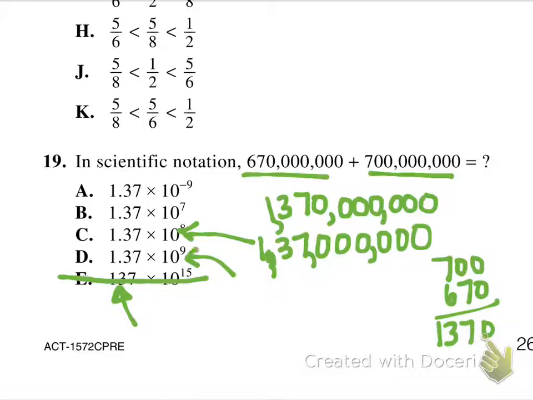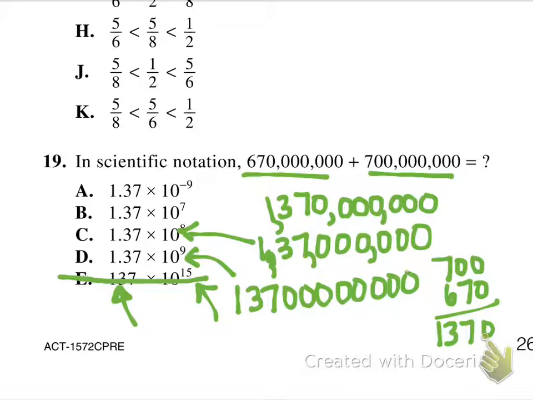So maybe I'll try this one. I'm hoping this is the answer, because if this is not the answer, then I'm in trouble because I already eliminated this guy. So I type in my calculator 1.37 times 10 to the 9th power, and I get this answer. I'm going to throw my commas in.